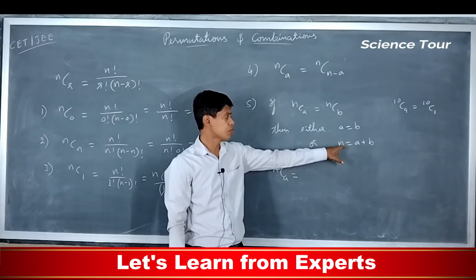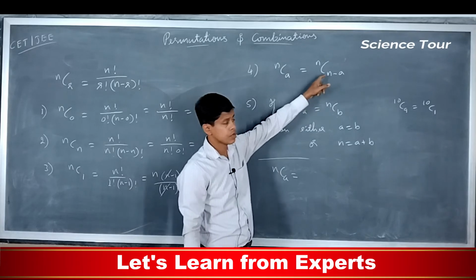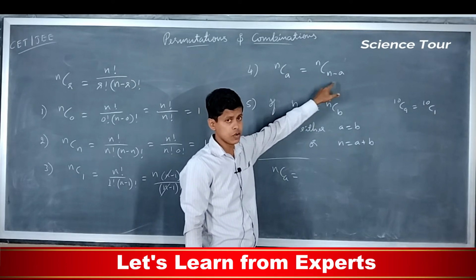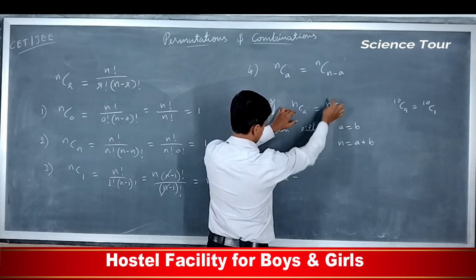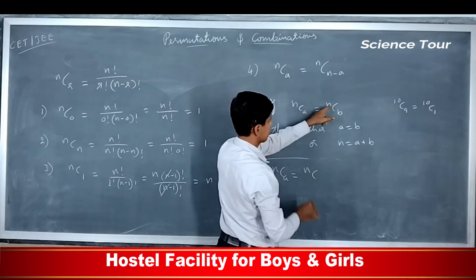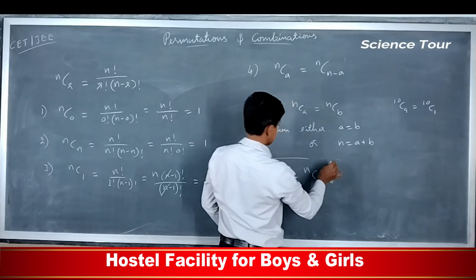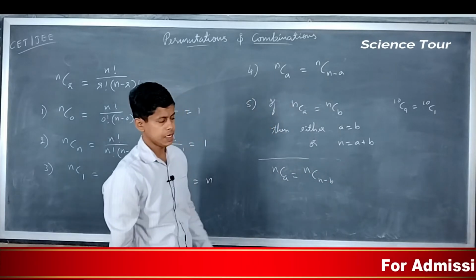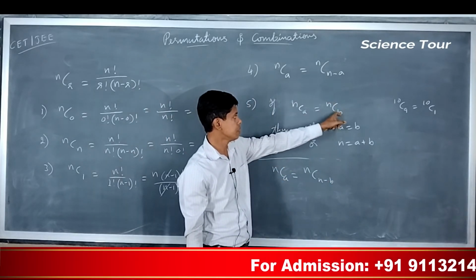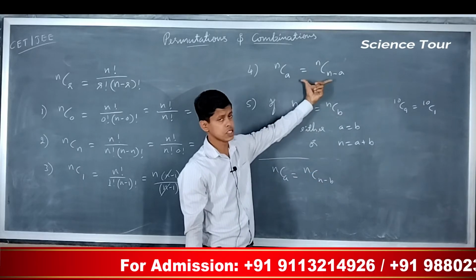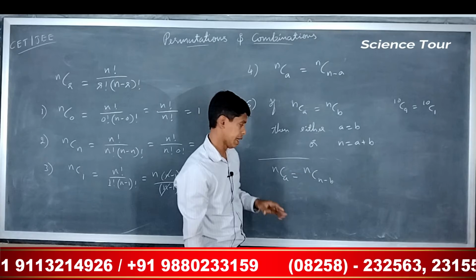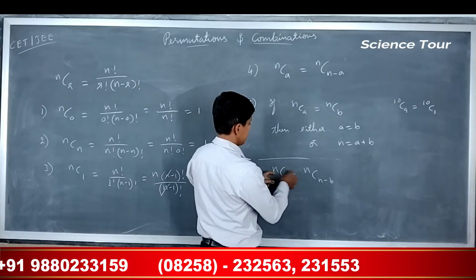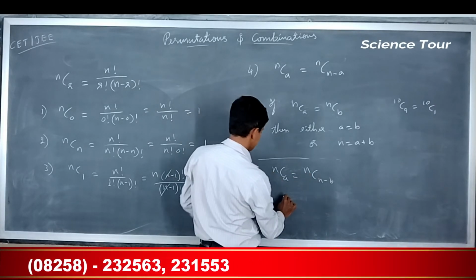So what is the next option? The next option is the derivative of this. I'll explain how. Now, nCb is what you have, so I'll write nC(n minus b). I'm using nCb equal to nC(n minus b) based on this formula, because nCa is nC(n minus a). Now, n and n are the same, so a and n minus b must be equal.